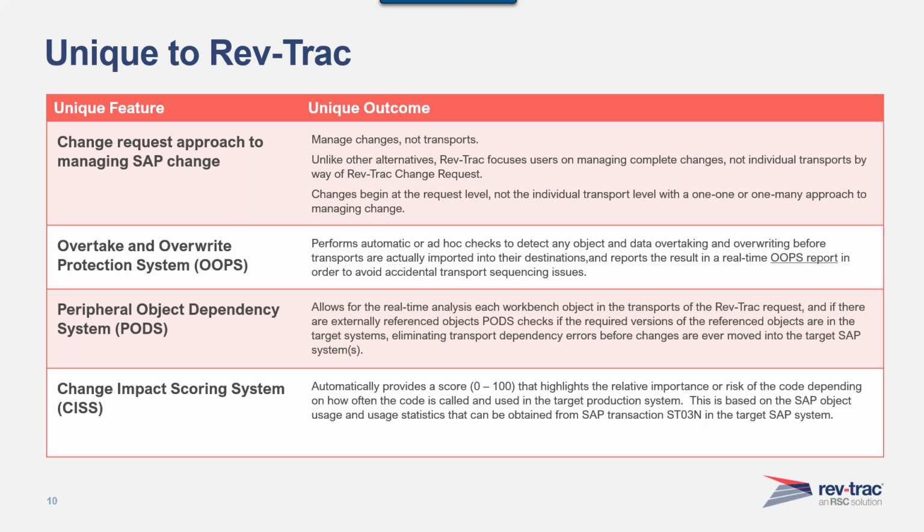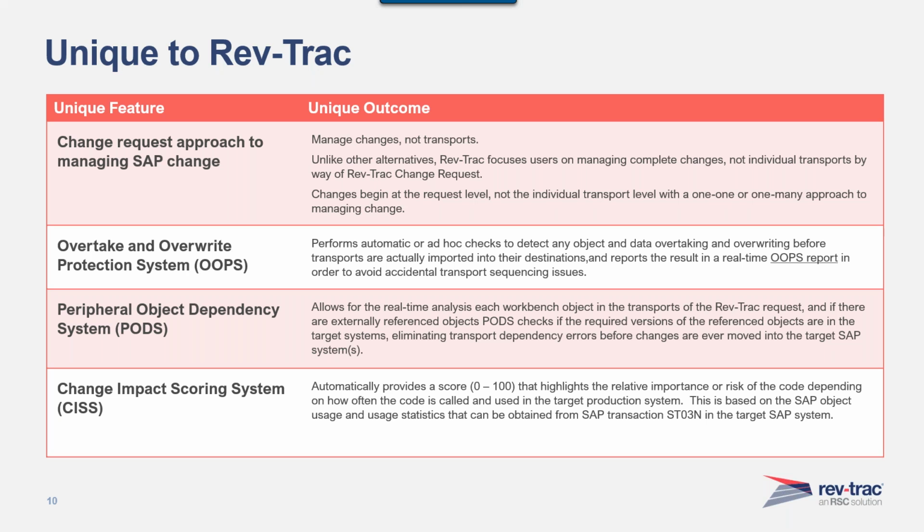And then the sequencing checks that Mark was talking about, we call that OOPS, Overtake and Overwrite Protection System. That's been with Rev-Trac for close to 20 years, and it's a fundamental error checking and safety feature of Rev-Trac that helps with that sequencing, as Mark was talking about.